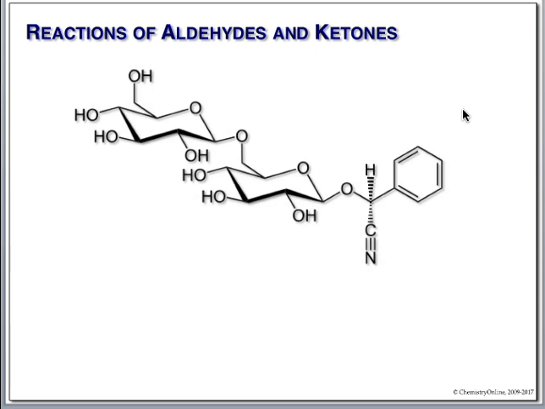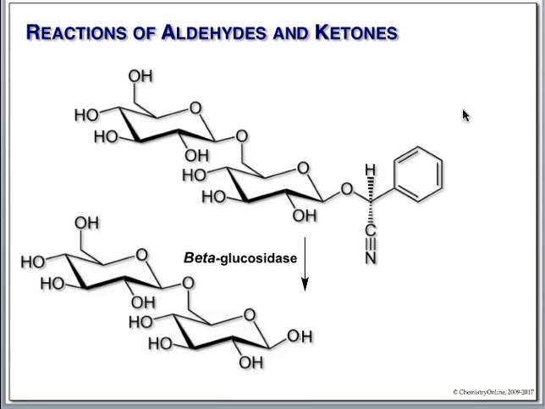The enzyme that we would use here is beta-glucosidase. This is a beta linkage on the glucose ring. Beta-glucosidase will cleave this, and it will form this chunk and benzaldehyde cyanohydrin. Now, benzaldehyde cyanohydrin, we all know, is in equilibrium with benzaldehyde and HCN.